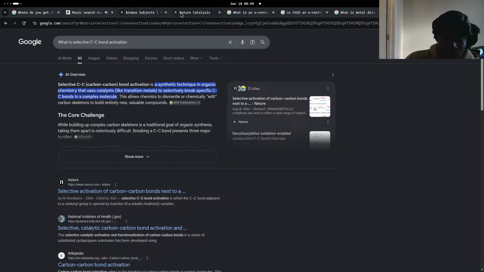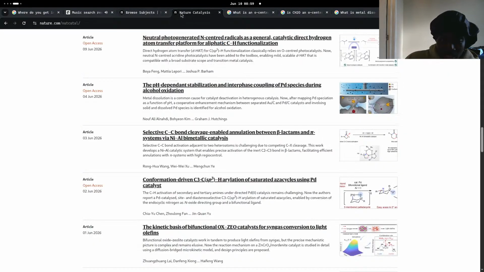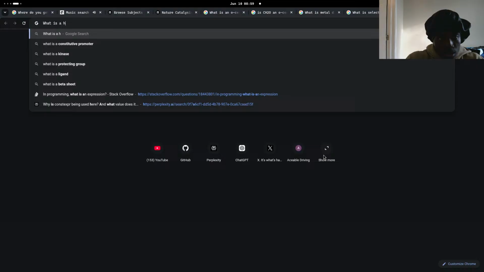I feel like there's a more representative word for that. So selective carbon bond activation is the use of metal ions to break carbon bonds adjacent to heteroatoms.